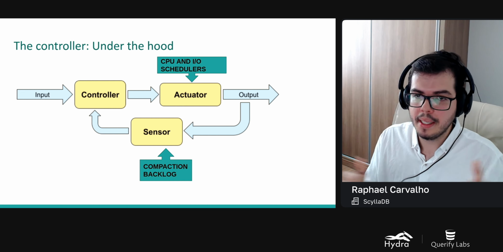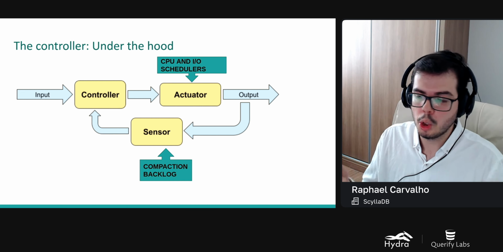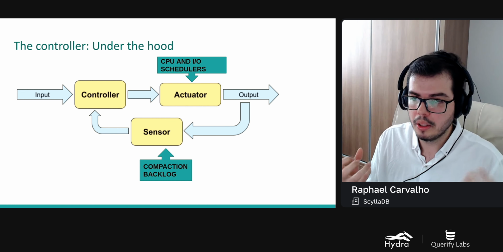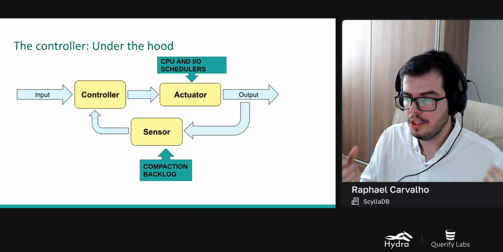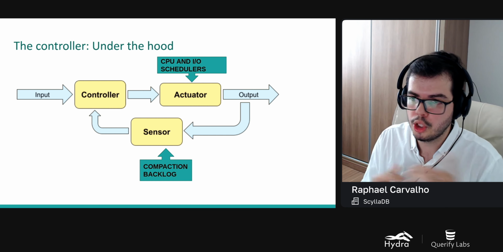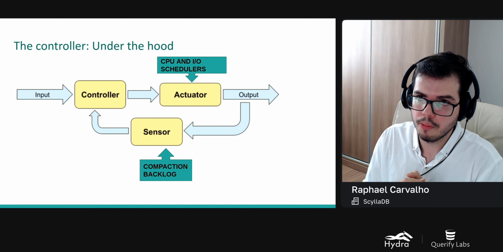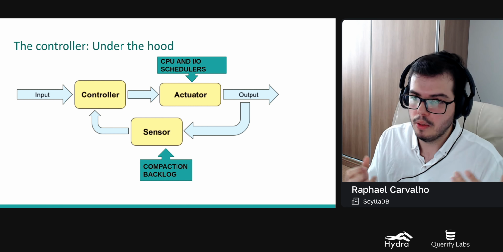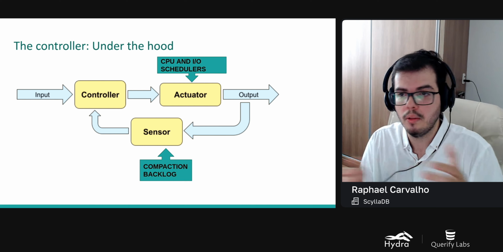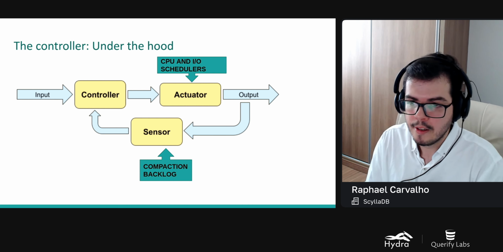Okay, so this is basically how it works. The controller is going to look at the backlog, normalize it, and try to speed up or slow down compaction based on the normalized backlog, which is measured by the sensor, which measures the error, the difference between the current state and the desired state.